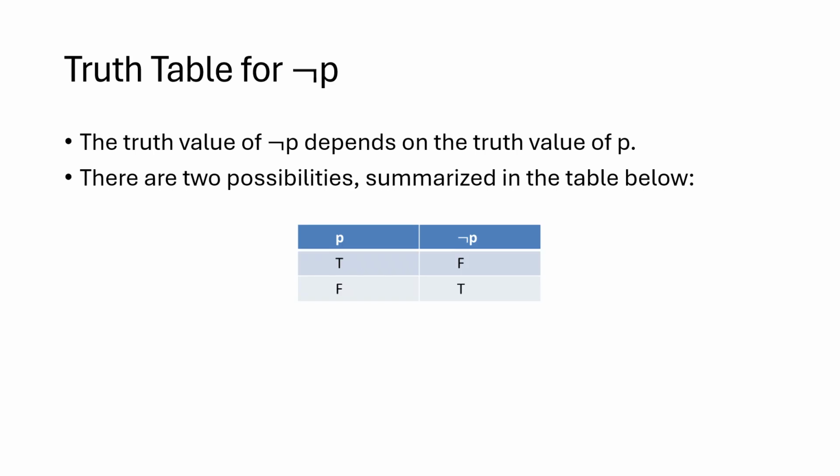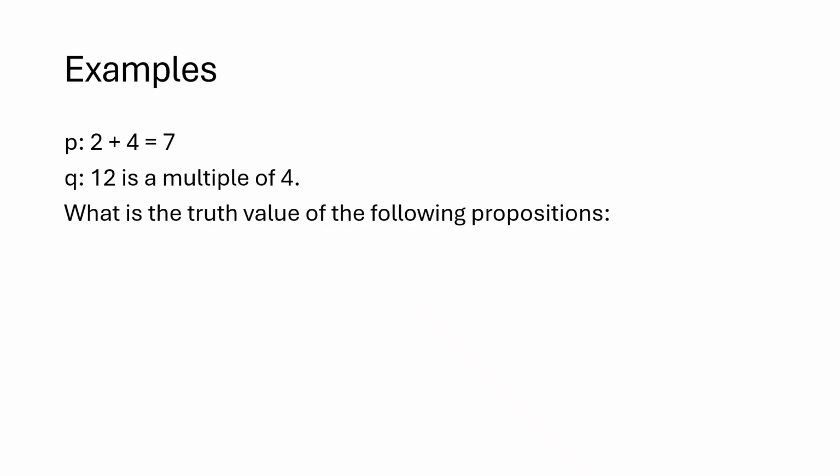And again, as you can expect, the truth value of the negation of P is going to be always the opposite of the truth value of P. In other words, in the first case where P is true, not P is going to be false. And in the second case, when P is false, not P is going to be true. So the truth table of the negation is very simple. It has only two rows, and its truth value is always the opposite of P.